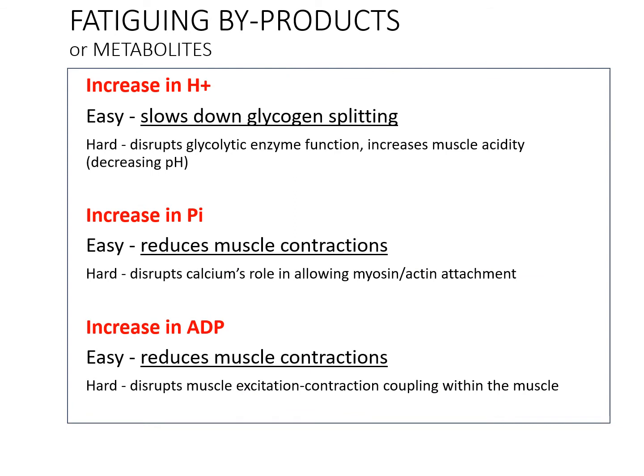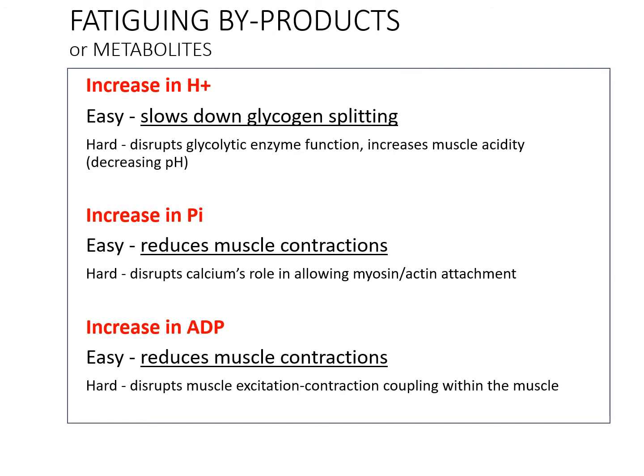So we've looked at fuel depletion. The other go-to response for fatigue, particularly for peripheral muscle, is fatiguing byproducts. And you must remember that not all byproducts in breaking down chemical fuels for ATP are fatiguing. If you look at the aerobic pathway, for example, heat, carbon dioxide and water are considered non-fatiguing.